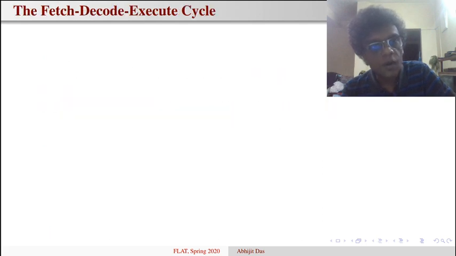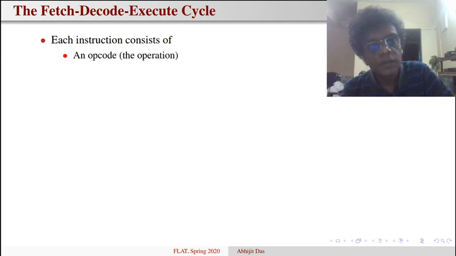Then, when we have a sequence of such instructions, how does your modern computer actually execute it? This is what is called the fetch, decode, execute cycle. Each instruction, as we have seen in many examples, consists of three parts. Part one, an opcode. This is the assembly instruction, which says what operation is meant. This is followed by zero or more operands on which you apply the operation.